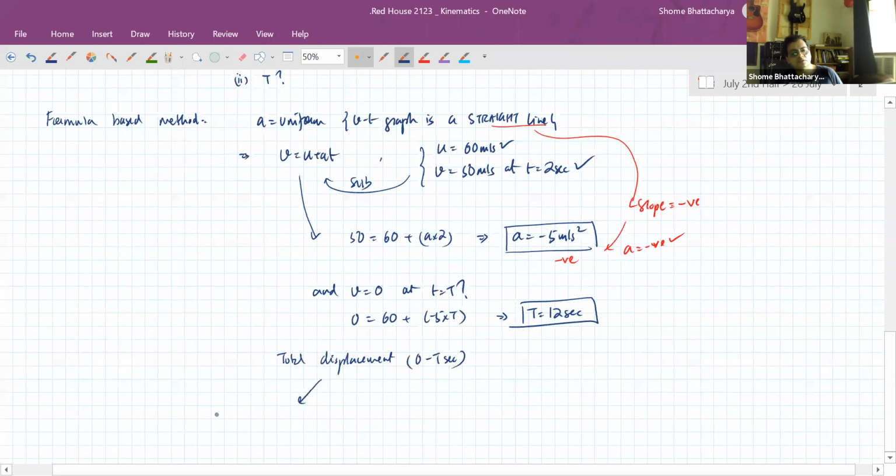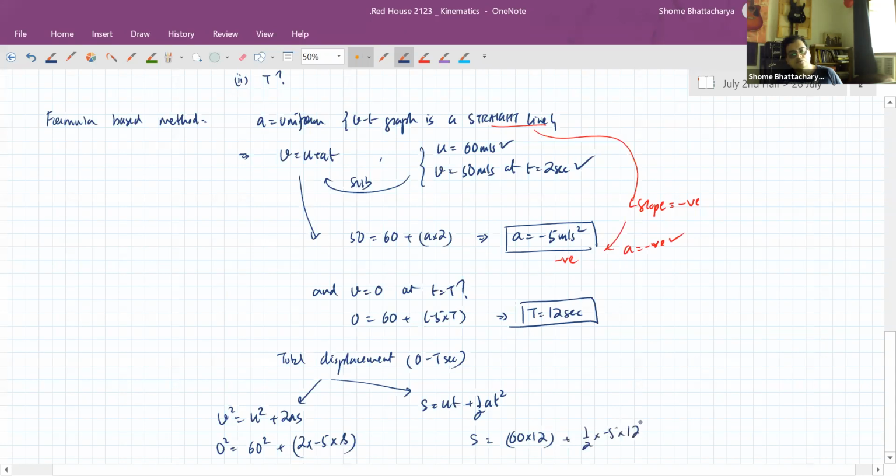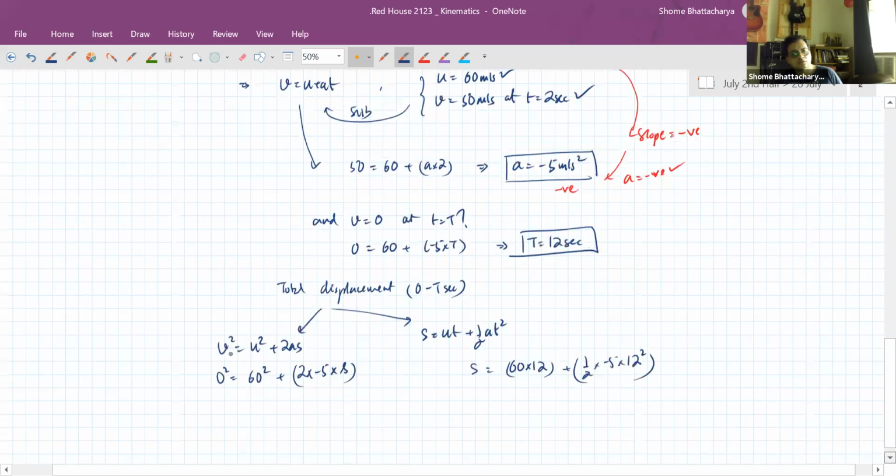So we have two methods. We can go with 0 square is equal to 60 square plus 2 into minus 5 into s, or s is equal to 60 into 12 plus half into minus 5 into 12 square. So both options are there for us.